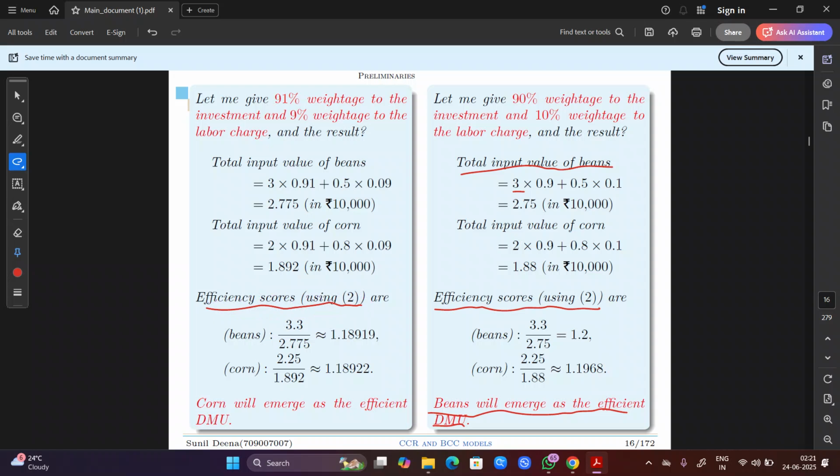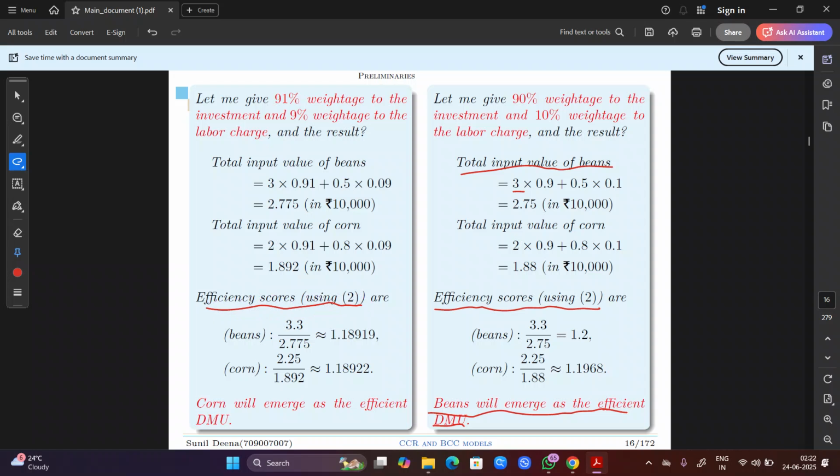So how can we give the weightage? Because if we give 100% weightage, then the farmer is unhappy. But if someone gives 91% weightage to the investment and 9% to the labor, corn is efficient. If someone gives 90 percent weightage to the investment and 10% to the labor, beans is efficient. It is very confusing.